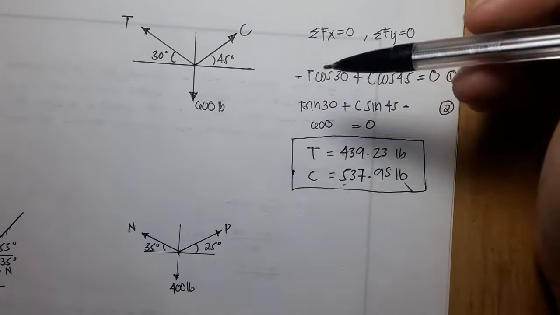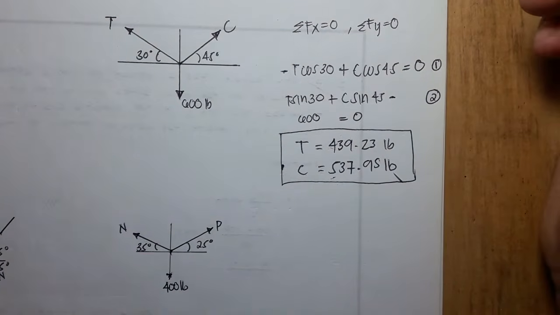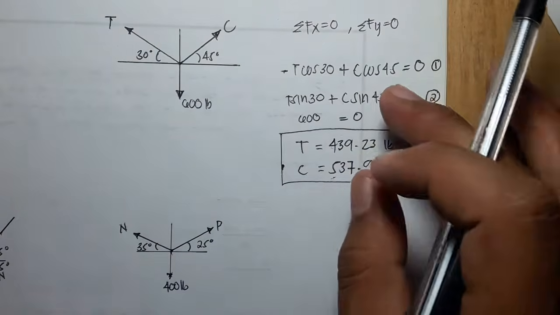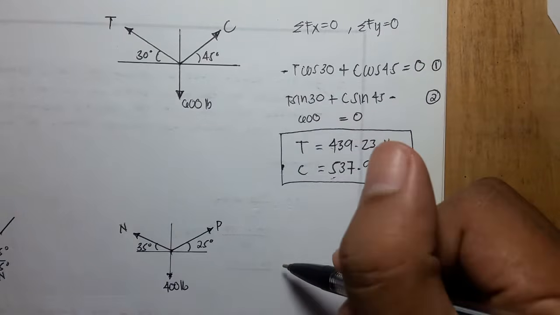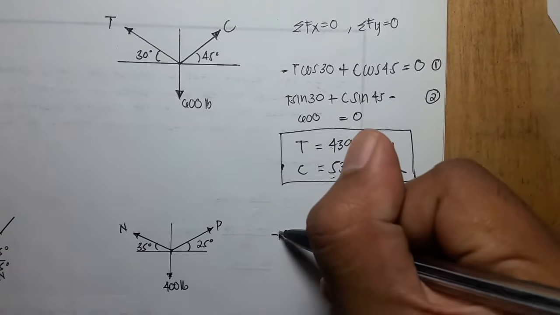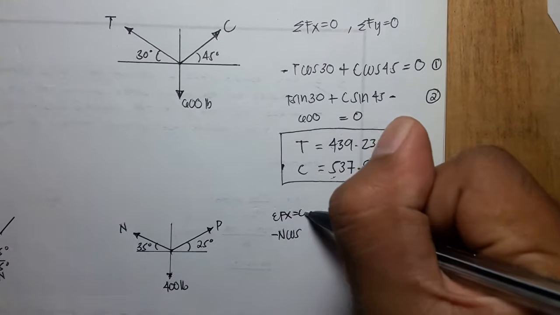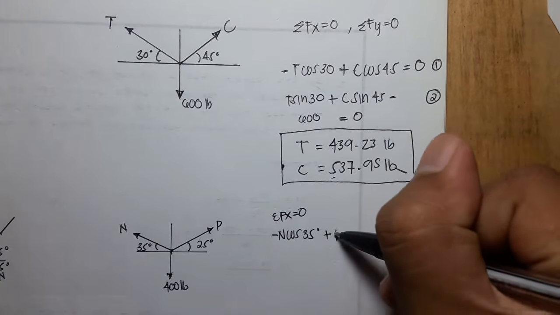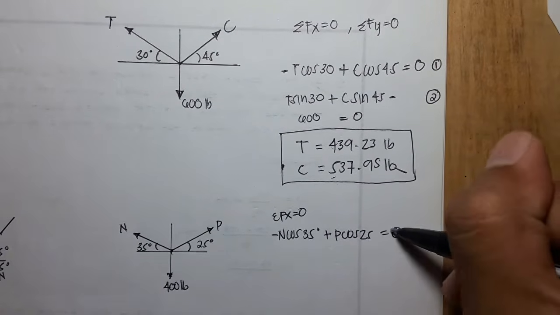It is just an easy topic, by the way, because we just have to solve for two unknowns here, two equations, two unknowns. So again, the same as the problem on top, summation of forces x: negative N cosine of 35 plus P cosine of 25 equals 0.